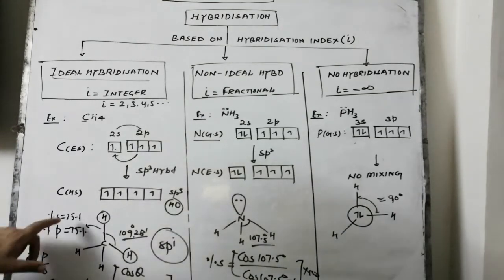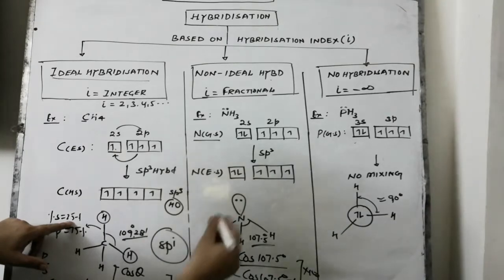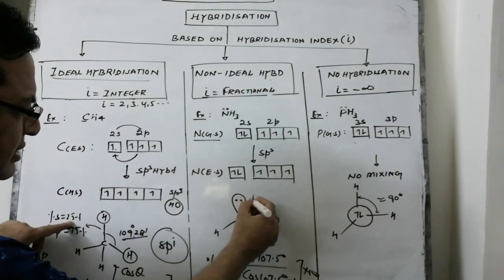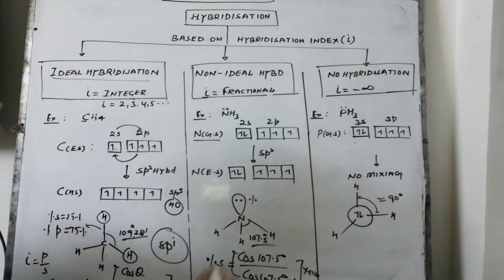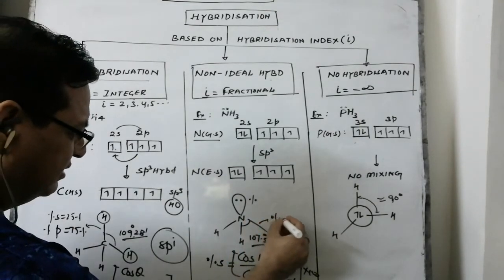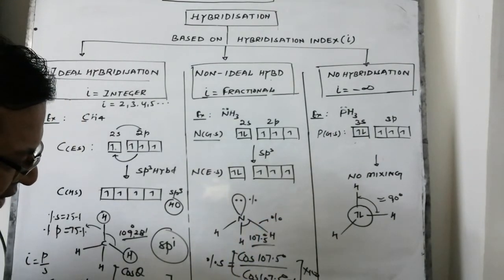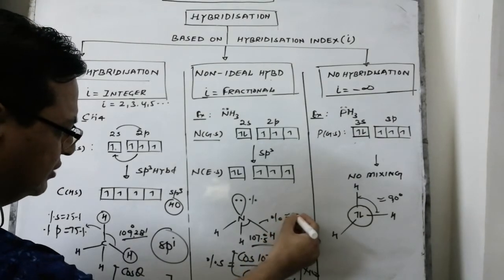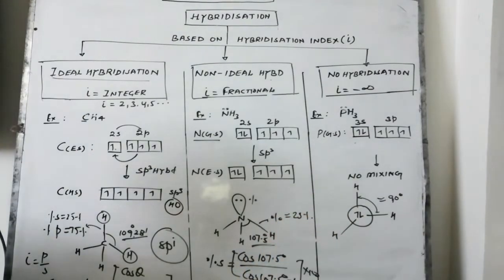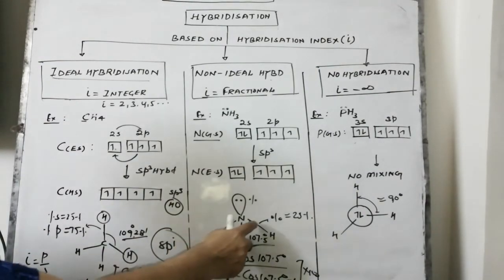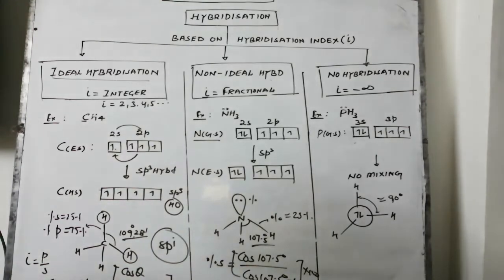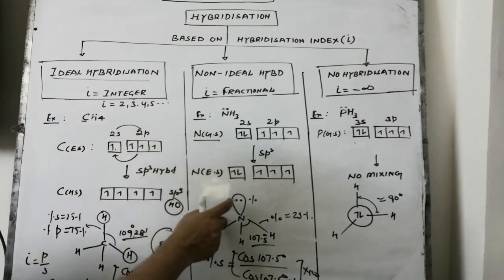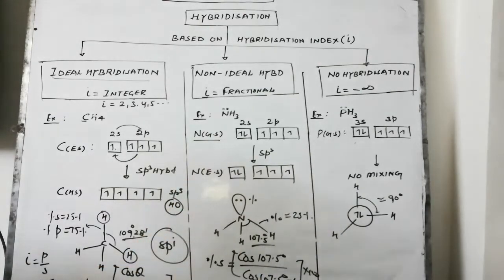Percentage s character here is 25, and percentage s character in the bond, I have calculated this to be 23%. 23 plus 23 plus 23, if we just add them up and subtract from 100, you can also find out the percentage s character that is lying in the hybrid orbital.